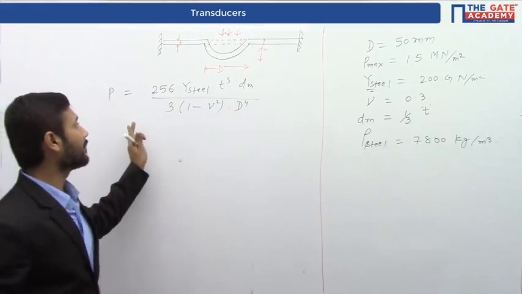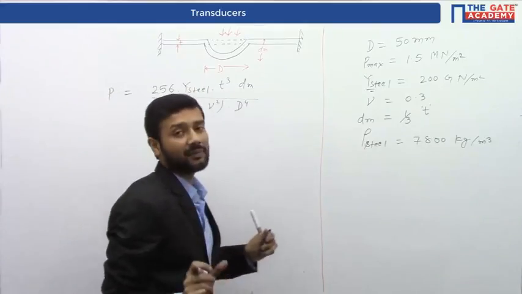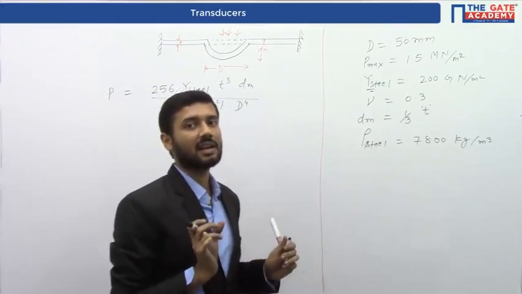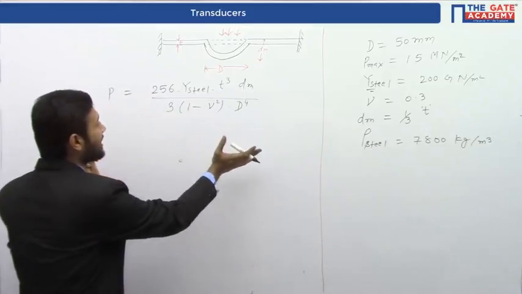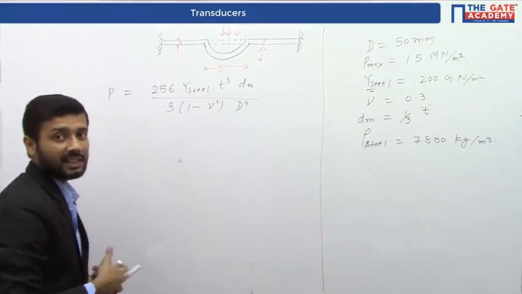This is the relation between pressure and the deflection dm for a diaphragm.